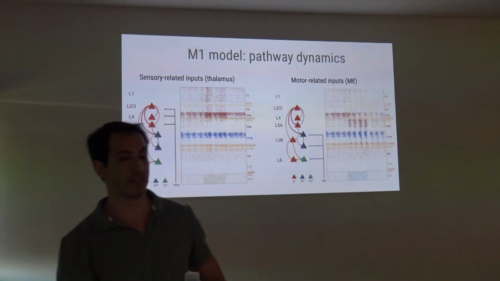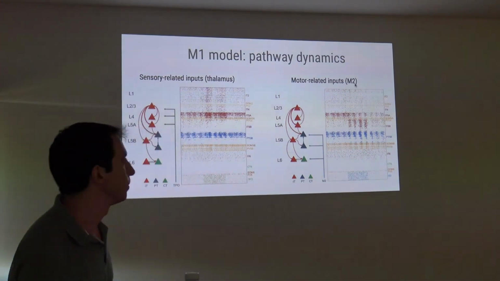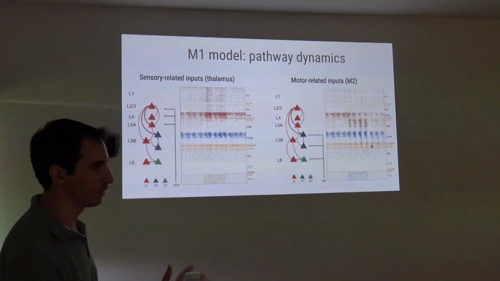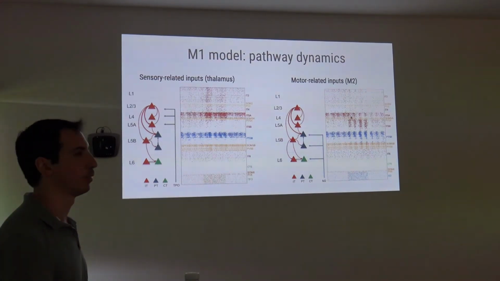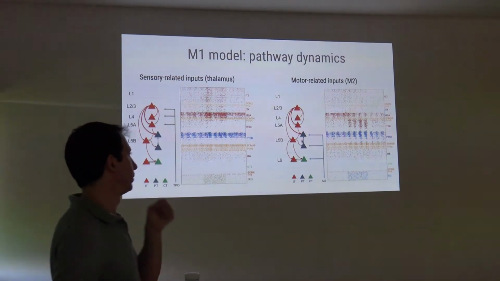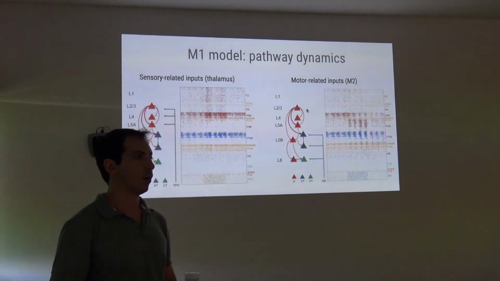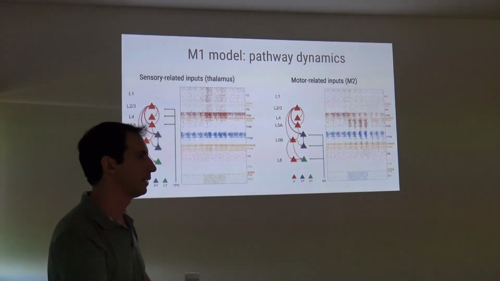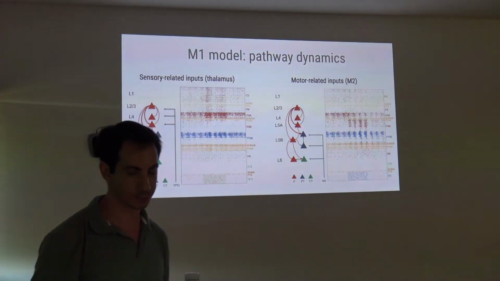However, if you activate secondary motor cortex, which projects directly to layer 5B, then you get a stronger activation in the layer 5B region directly without going through the upper layers. So this, for example, would be a way of these higher motor areas producing some output movement directly without going through sensory cortex.